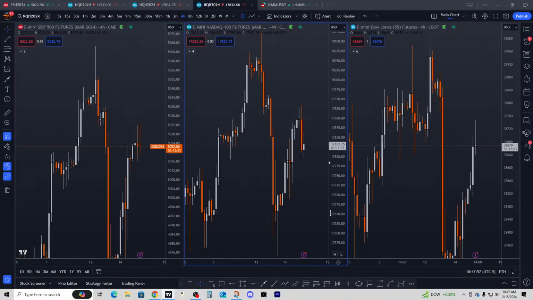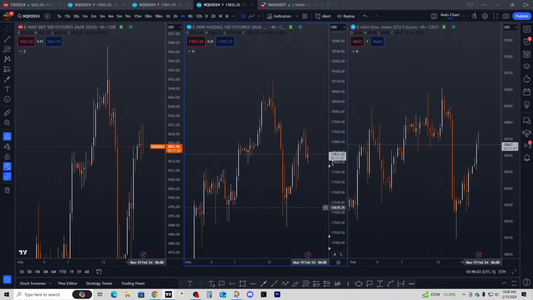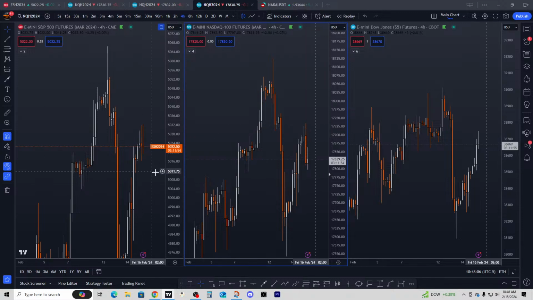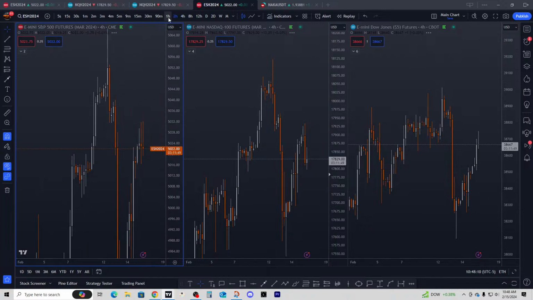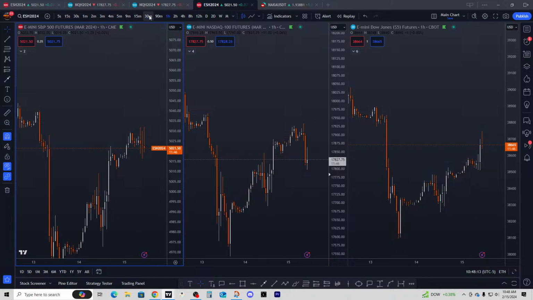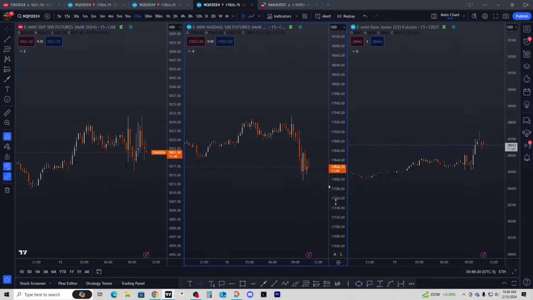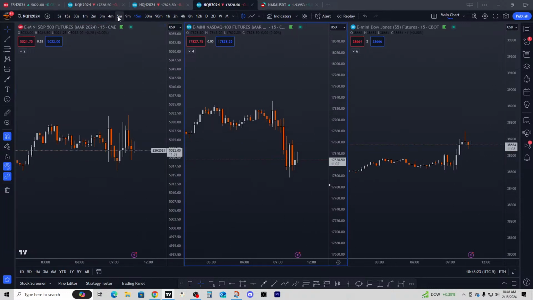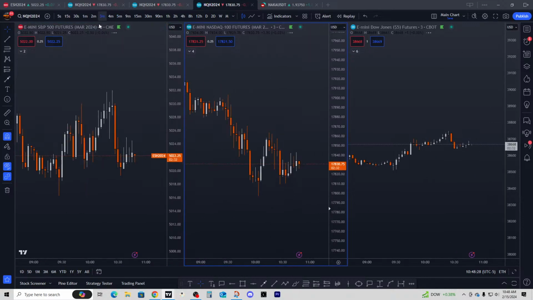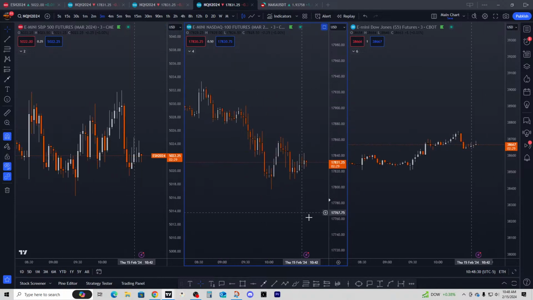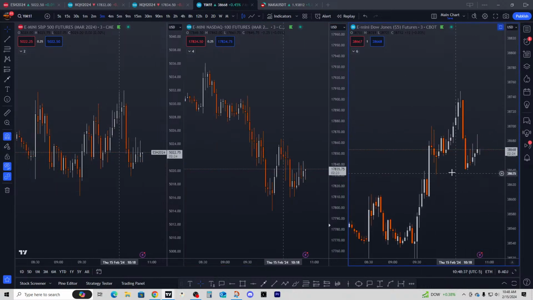Rejecting this 4 hour for value gap still. This is garbage. I don't know why anybody would want to be in a trade in this shit right now. Nothing's coming together.